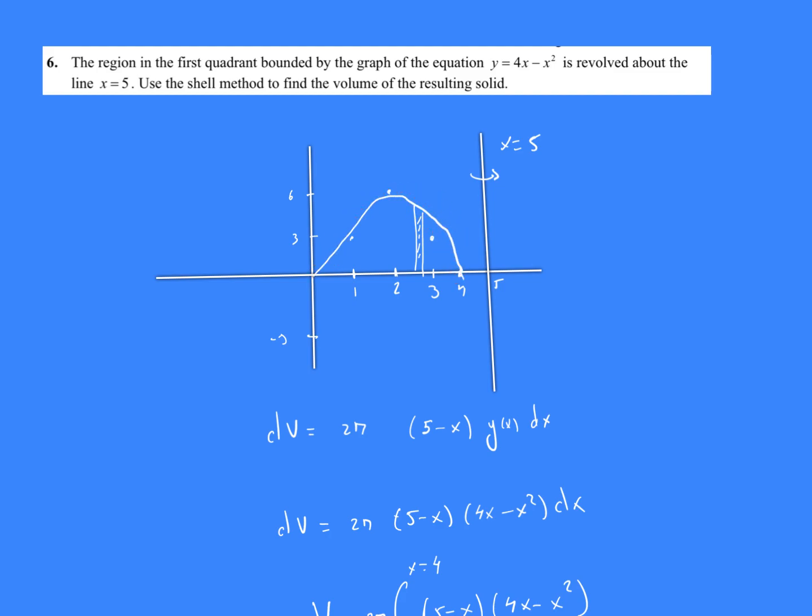But now this problem is different. It revolves about the line x equals 5. If you revolve about the line x equals 5, the figure will be like this, a symmetrical figure.